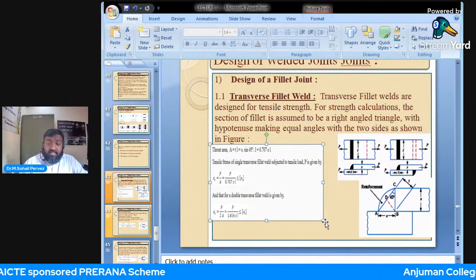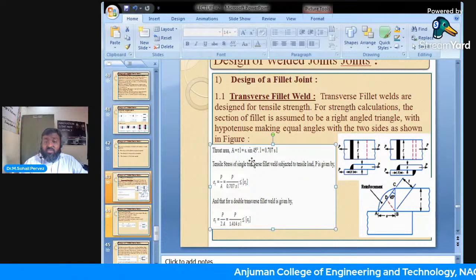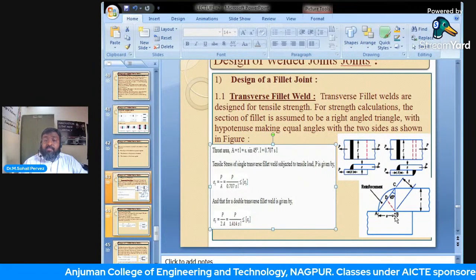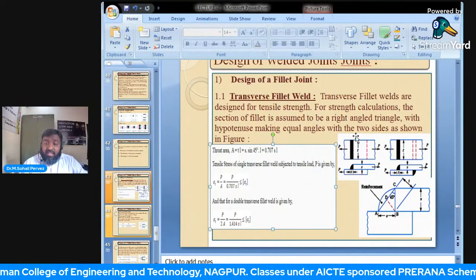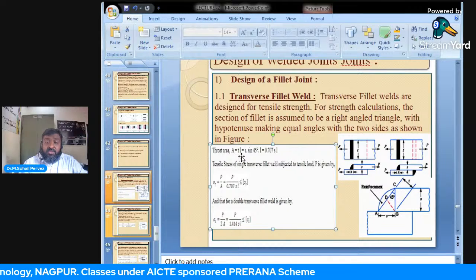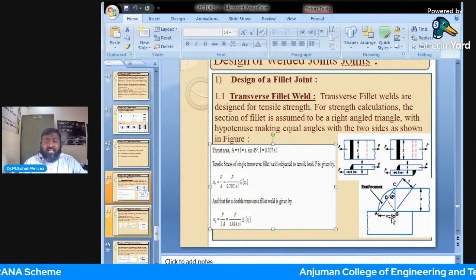Hence this throat area A is equal to t into l. Let this throat length be t, this t into l, where l is the complete length. So the throat area is t into l. And what is this s?